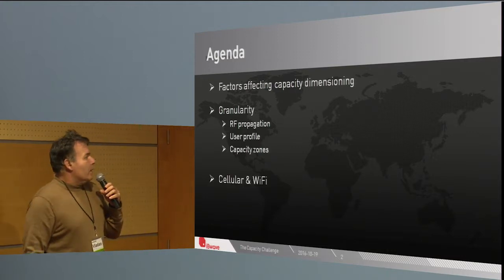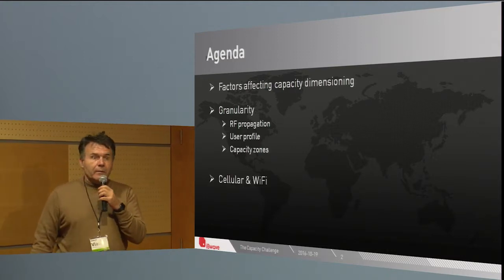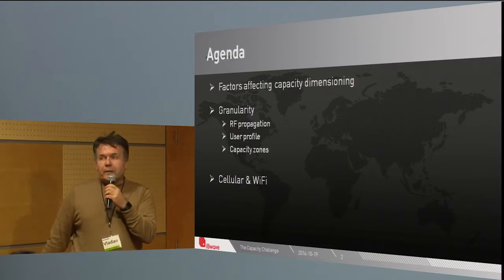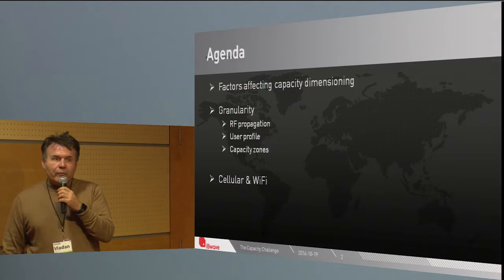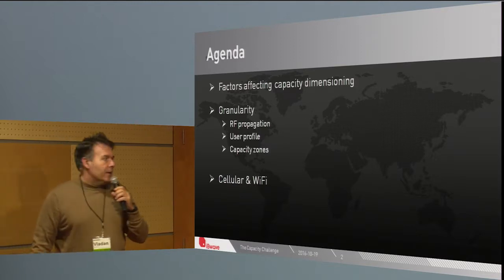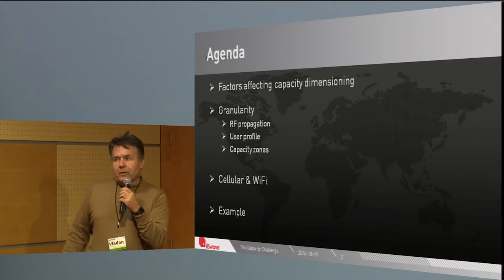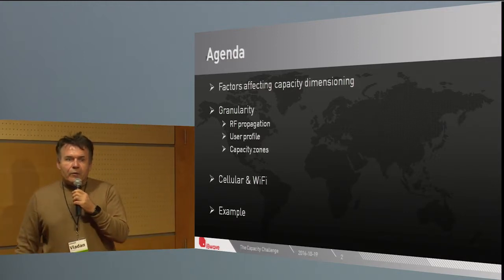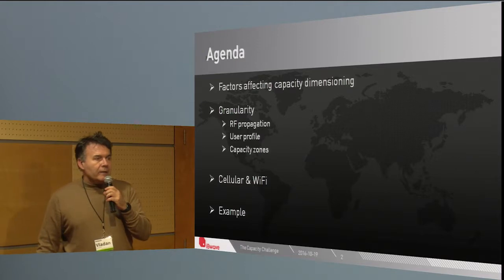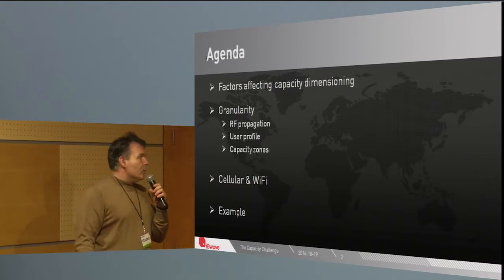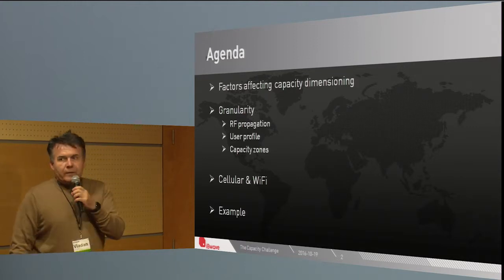Later on, we will talk about cellular and Wi-Fi, what's going on at 5 gigahertz, and how they may affect future capacity calculation. In the end, I will give you an example using our software of how you can calculate the capacity and present the results, how you can specify your user profiles, and what the results really mean.